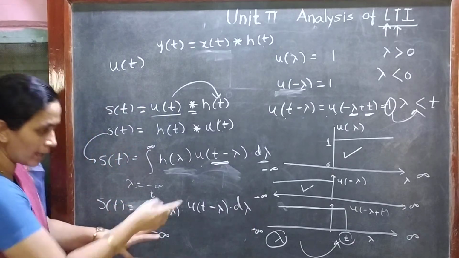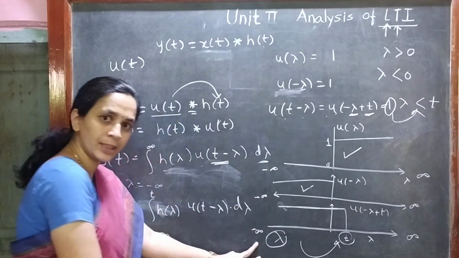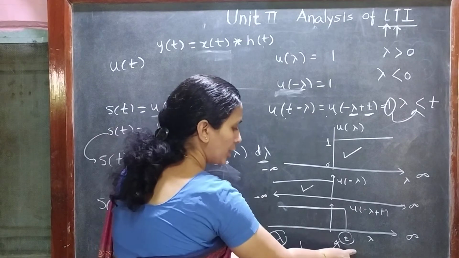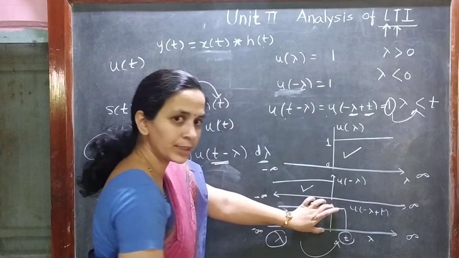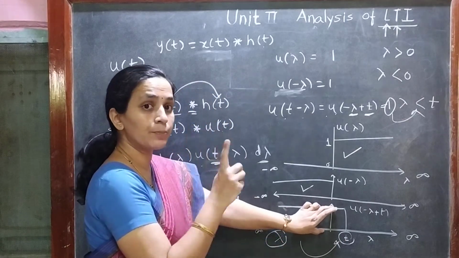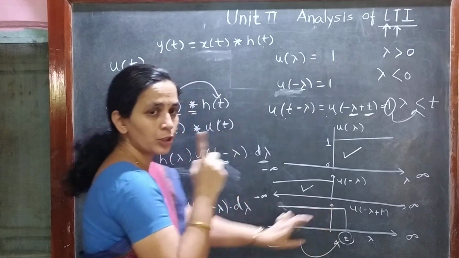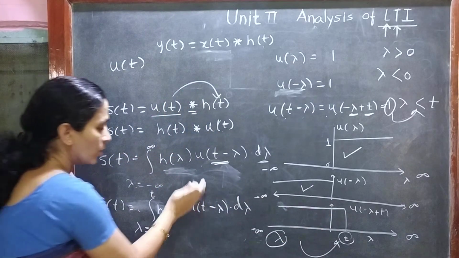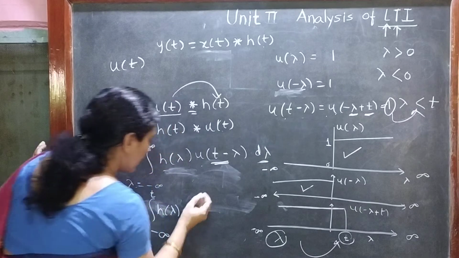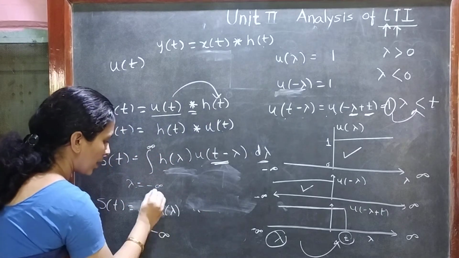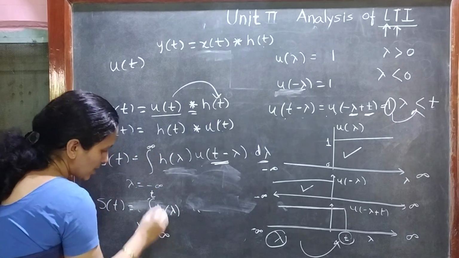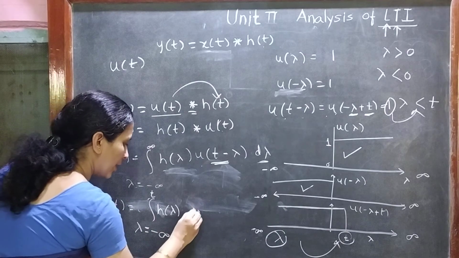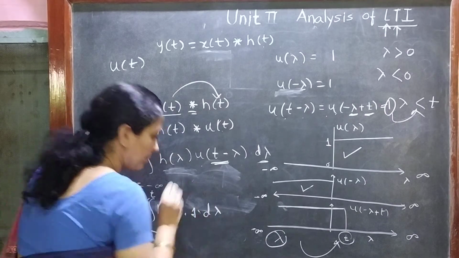But I know that for this period, which is extending from minus infinity to t, how much is the value of the unit step signal? Unit step 1, right? So for this period the value will be 1. So I can very well write it as integration from minus infinity to t of h of lambda into 1 d lambda. Am I right?